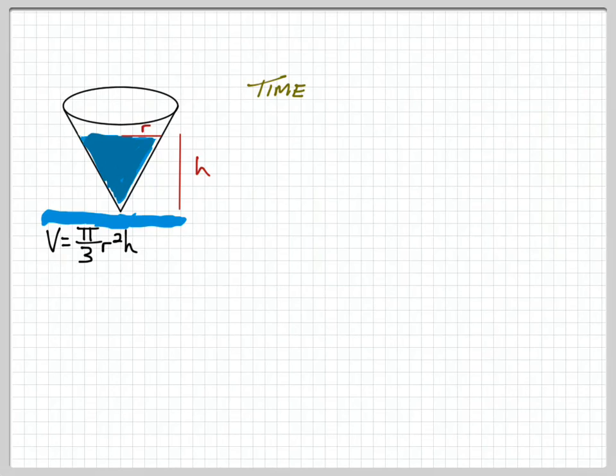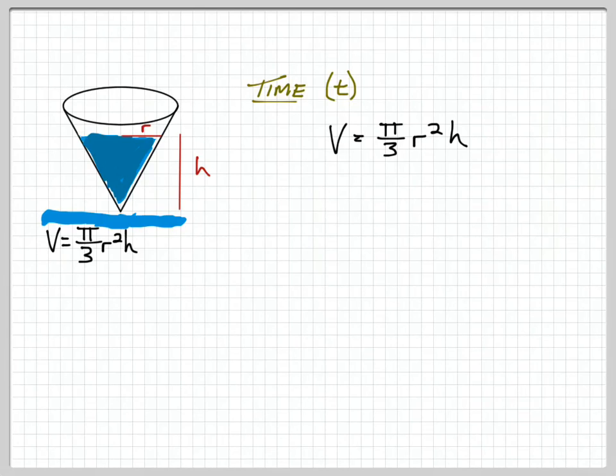So we're going to look at this with relation to time. As this water leaked out, what's happening at a specific moment in time when we stop that? Or maybe we just took a measurement at a specific moment and this thing is still leaking out. Either way, we're looking at the rate of change.